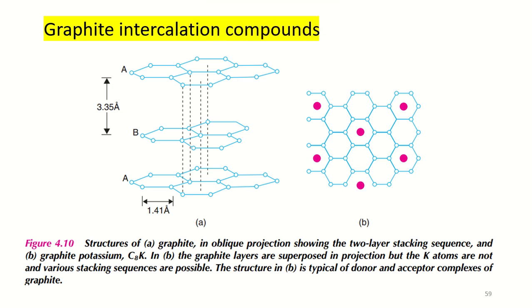The structures of the intercalation compounds are often not known with certainty. The probable structure of C8K is shown in this diagram B. The relative positions of carbon layers are different to those in pure graphite, as they form an AAA stacking sequence.